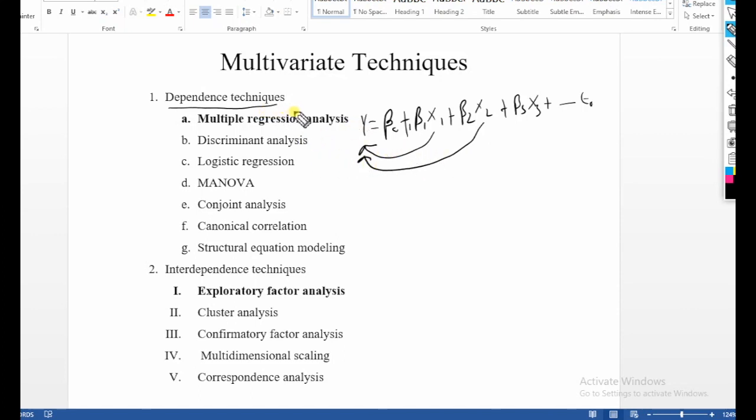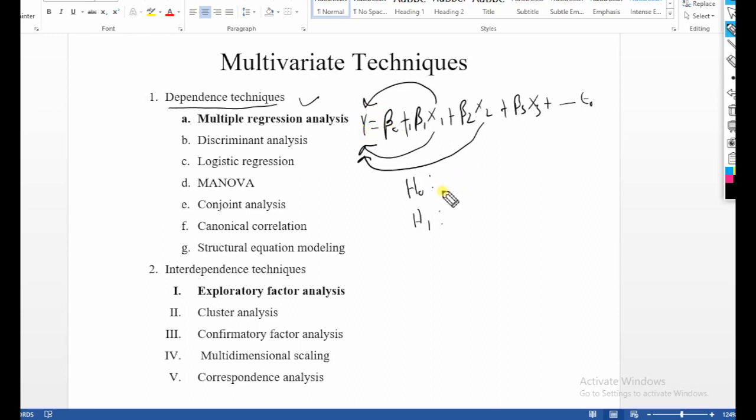So in the dependence technique, we find the relationship between two or more variables and we test the null and alternate hypothesis. It means whether this independent variable significantly contributes to the dependent variable or not.